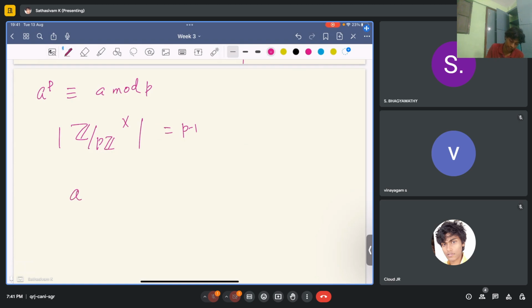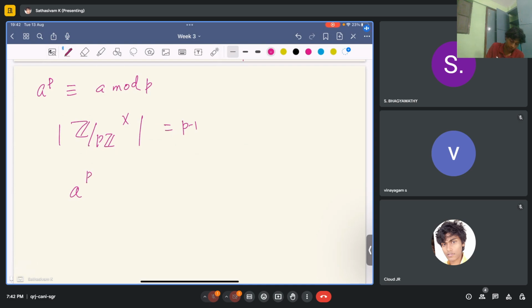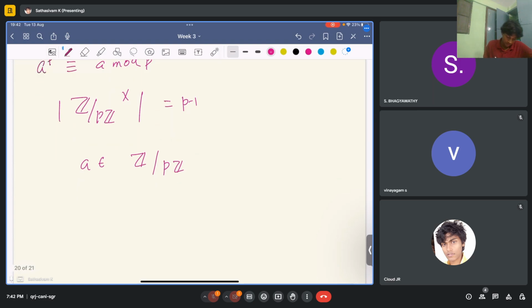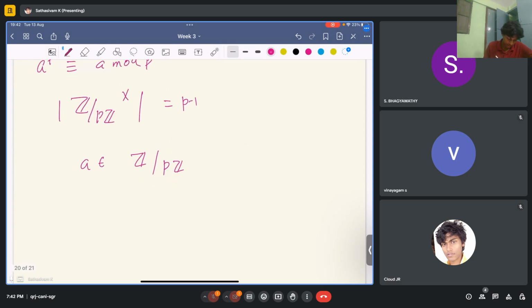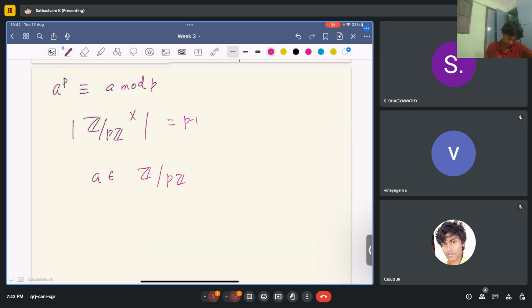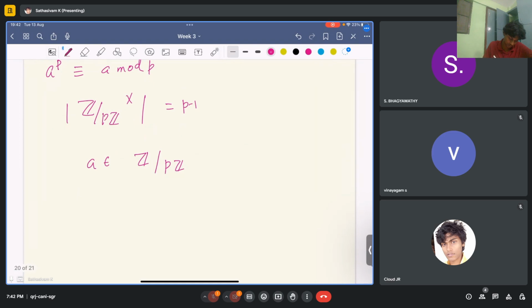So if you take an element a here, what does the Lagrange theorem say? Take a belonging to (Z/pZ)*. What does the Lagrange theorem say?